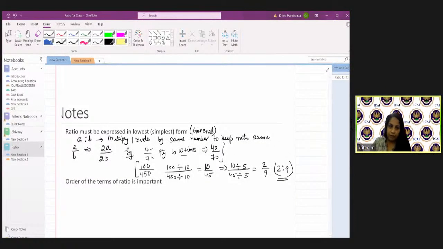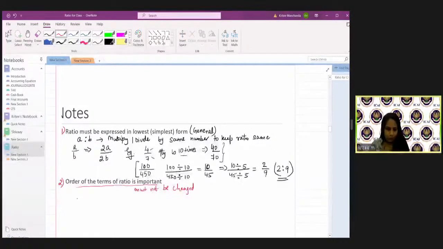Alright, the other very important property of ratio is that the order of terms of ratios is very important, or the order must not be changed. Why so?